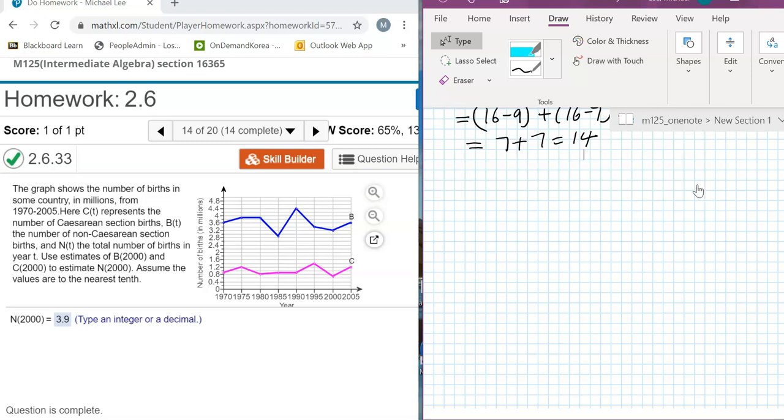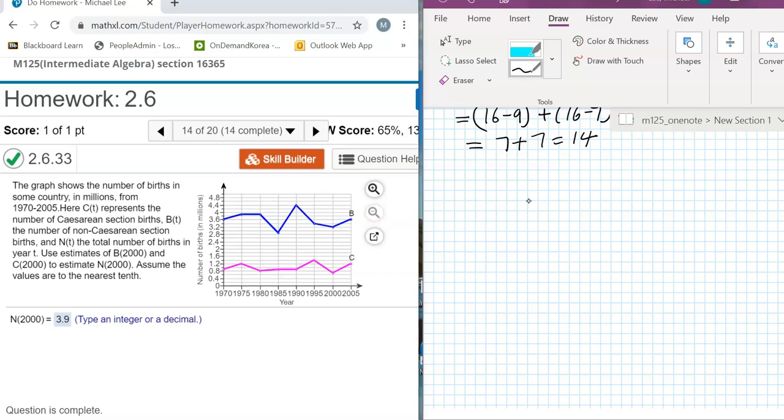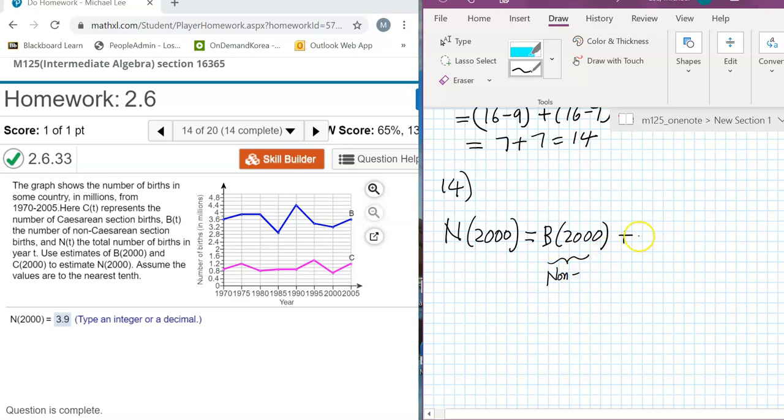So if you look at this carefully, this is the blue, okay. N2000 is equal to B2000 plus C2000. B is non-cesarean, and C2000 is cesarean birth.